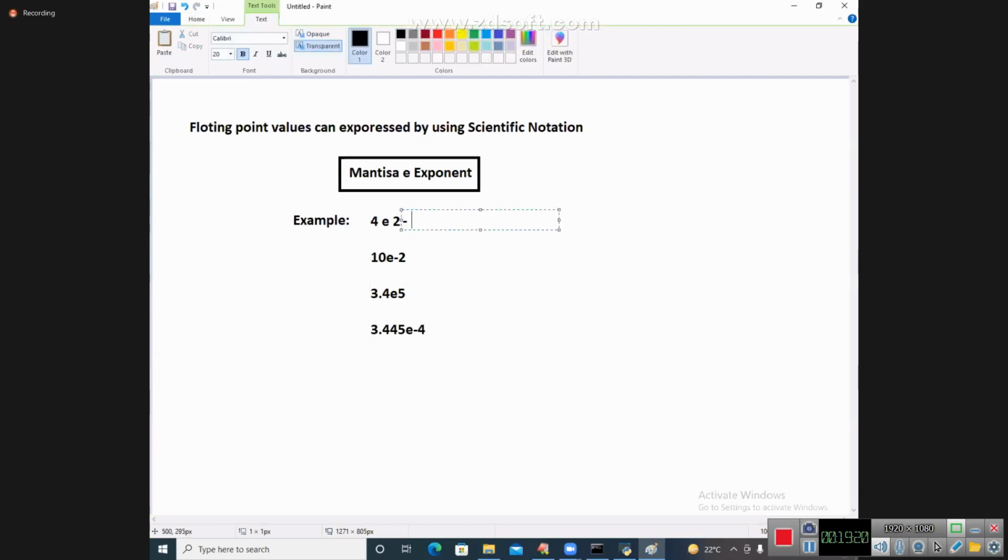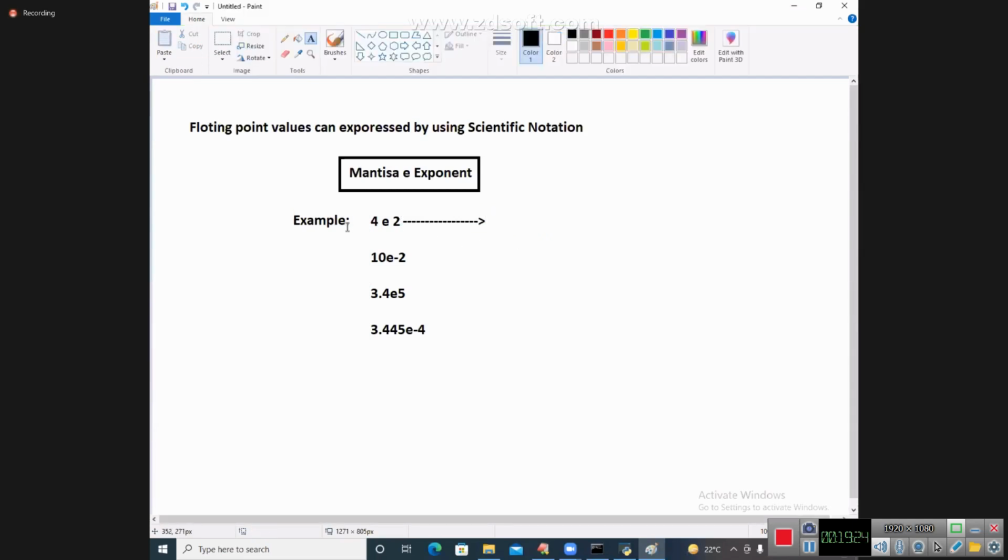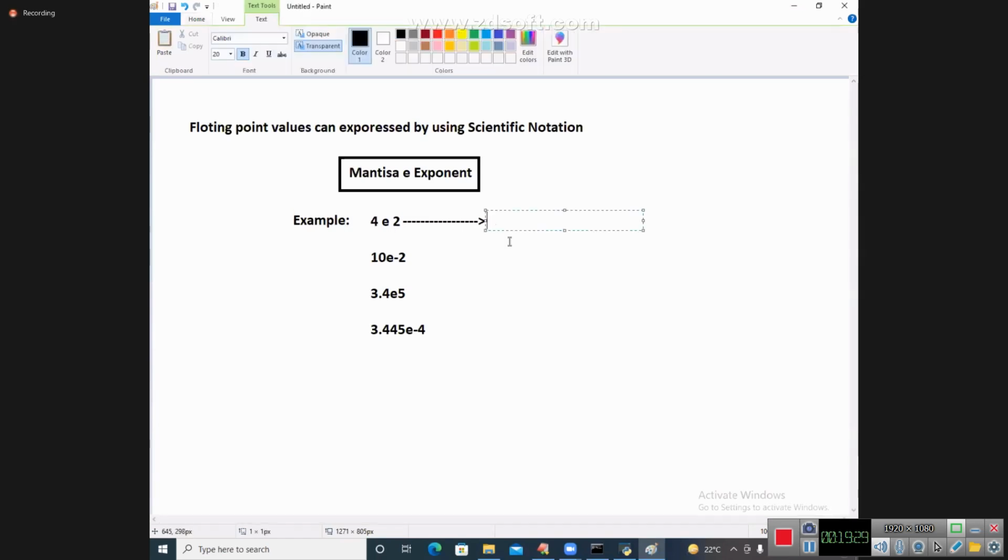Scientific notation may come in the MCQs also. From the MCQs point of view, this will come. How to convert to a normal float value?